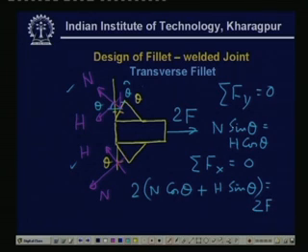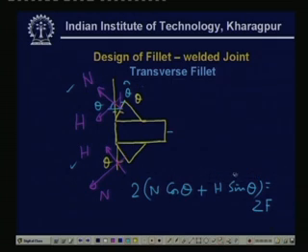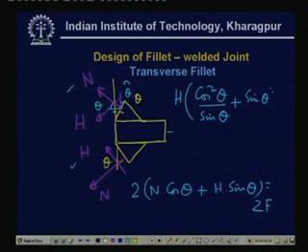Now, if you just manipulate a little bit, because we need both n and H, if you substitute the value of n, which is equal to H cosine theta by sin theta, so therefore cosine square theta by sin theta plus sin theta will be equal to F, and that gives H is equal to F sin theta.